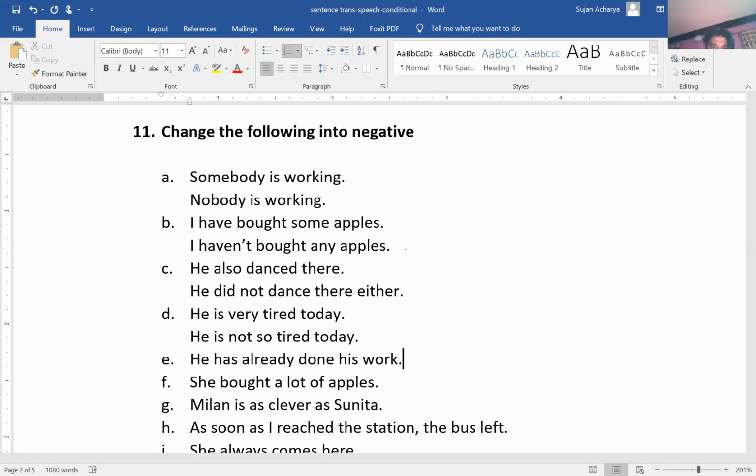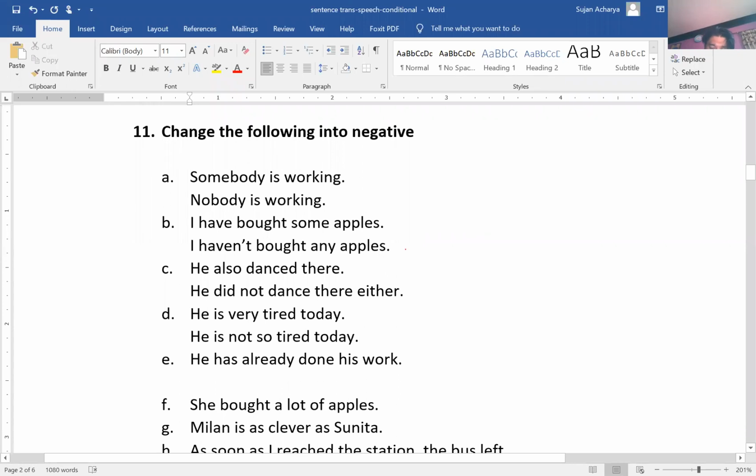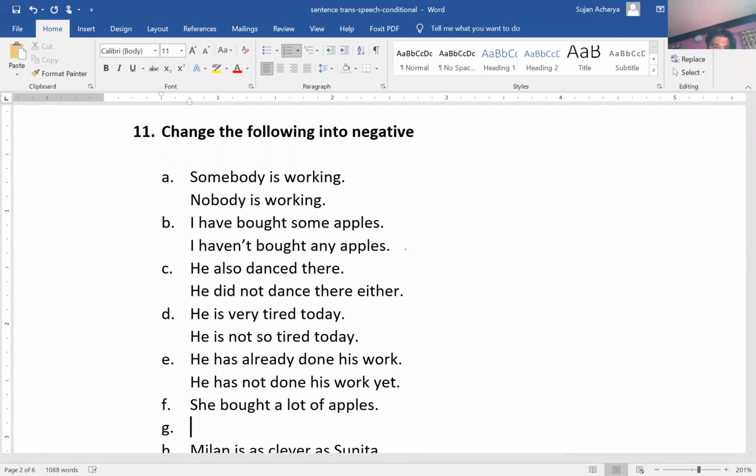He has already done his work. Your question, Pani, these kinds of questions have been frequently asked. He has not done his work yet. She bought a lot of apples. She did not buy any apples.